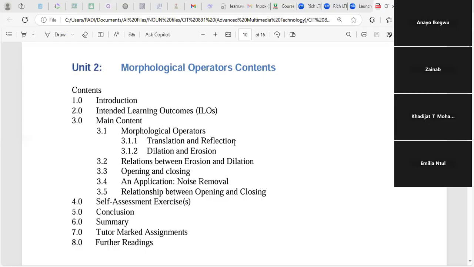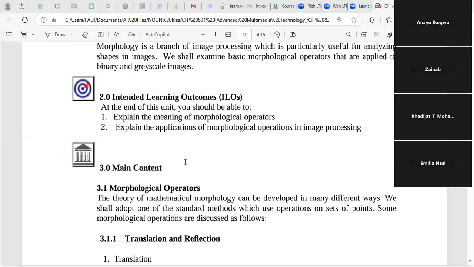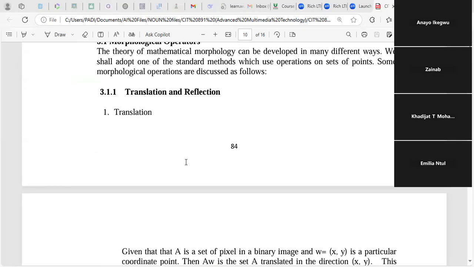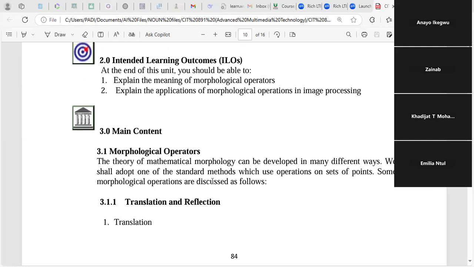Then we look at the relationship between opening and closing. This is all we look into under morphological operators. With morphological operators, we are looking at some of the mathematical theories that enable us in different ways to manipulate the image.